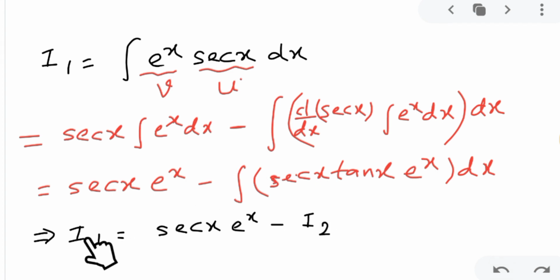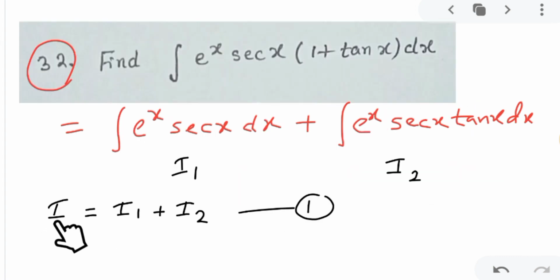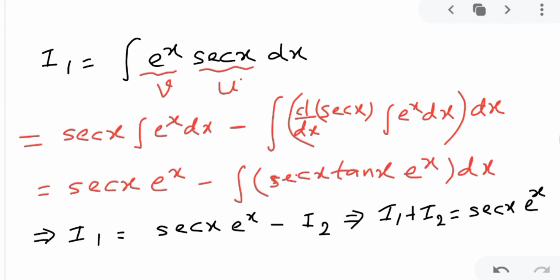So the left side will be I1 plus I2 is equal to sec x e to the power x. And what we have to find? We have to find I, that is I1 plus I2. It means the I value is nothing but sec x e to the power x plus c, which you write as a free constant, correct?